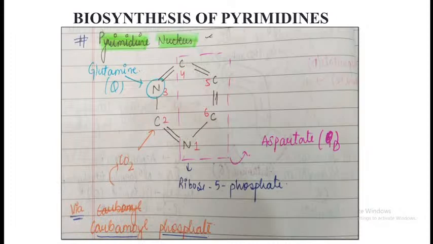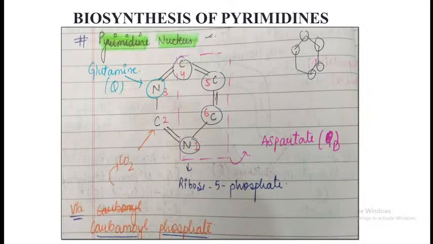What is given to you over here? In the pyrimidine nucleus, you need to keep in mind what the source of each particular element is. So N1, sixth carbon, fifth carbon and fourth carbon. When you look into a pyrimidine, there are in total 6 elements, right?